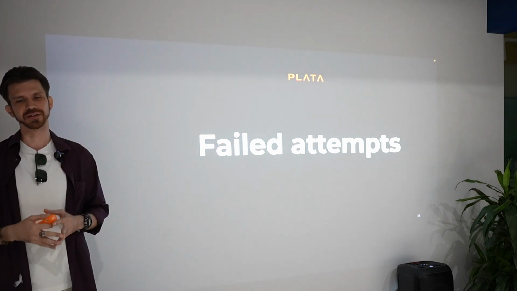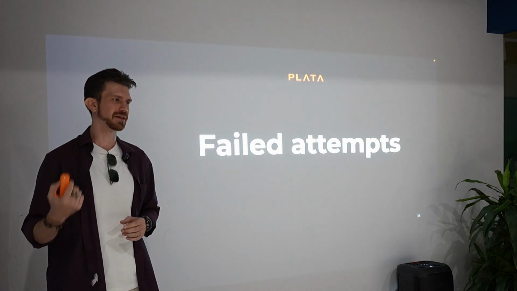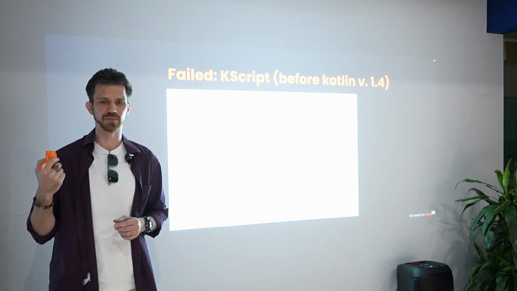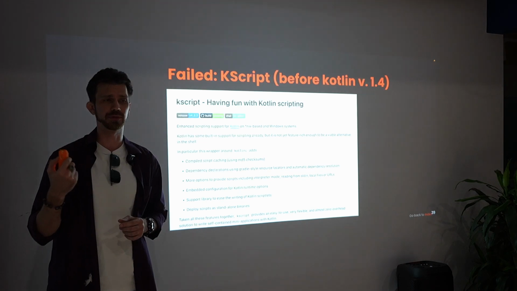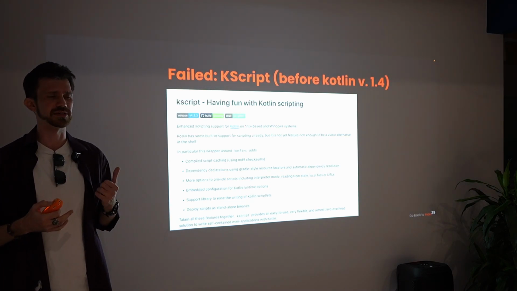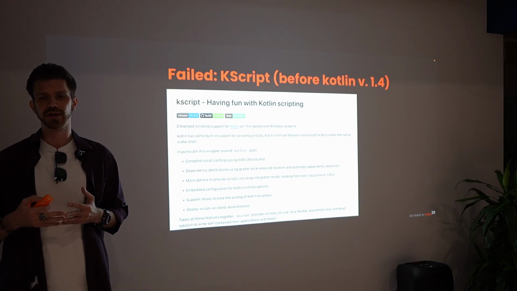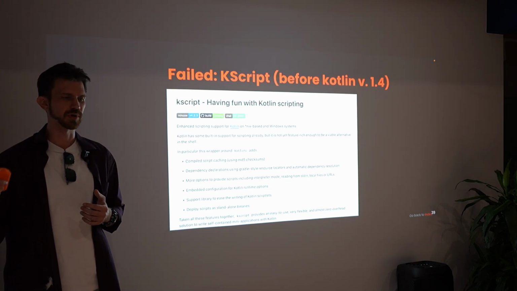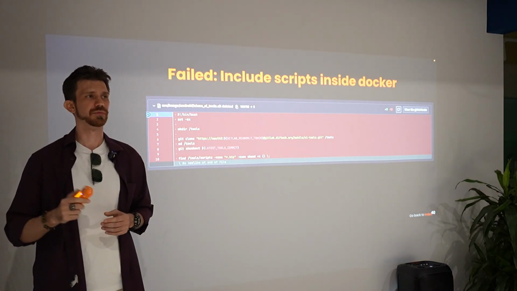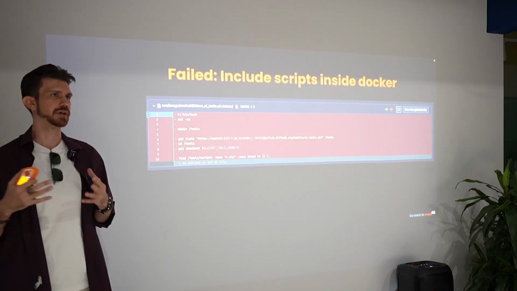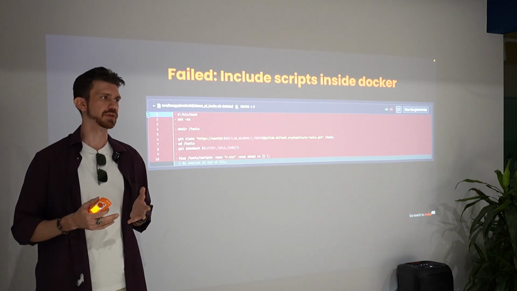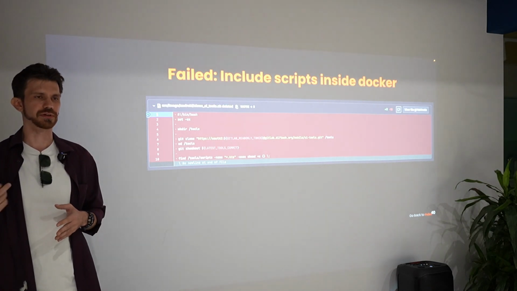But it's our final result. We've made a lot of mistakes along the way, and just to point out some of our failed attempts. Previously we used the KScript utility, and basically it has the same problems. It lacks syntax highlighting, and also it has problems with caching, but of some other sort. The second attempt was connected with sharing our scripts with the iOS team, and we just put them inside a Docker image and shared the Docker image with the iOS team.